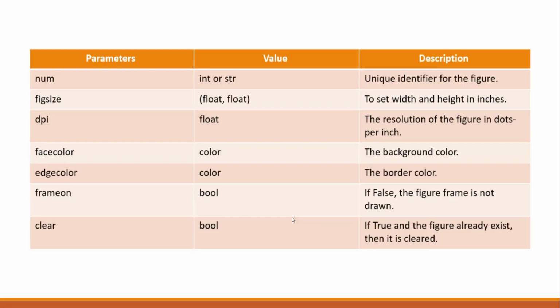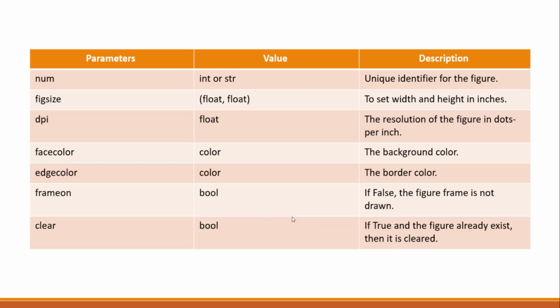The next one is DPI. It takes value as a float and it is the resolution of the figure in dots per inch. The next one is face color. It takes value as a color and it is used to set the background color. The next one is edge color. It takes value as a color and it is used to set the border color.